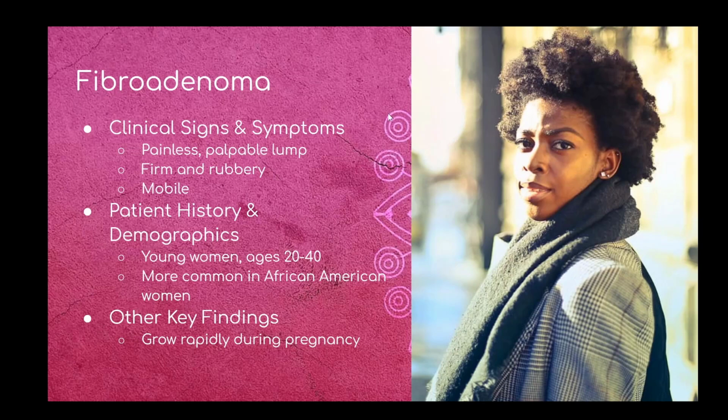So sometimes we will see pregnant women who have a quick growing fibroadenoma that becomes more apparent with their pregnancy. So kind of the same idea with fibroids in the uterus. Those respond to estrogen as well. So these are just, again, reorganization, overgrowth of the stromal and epithelial cells in the breast.